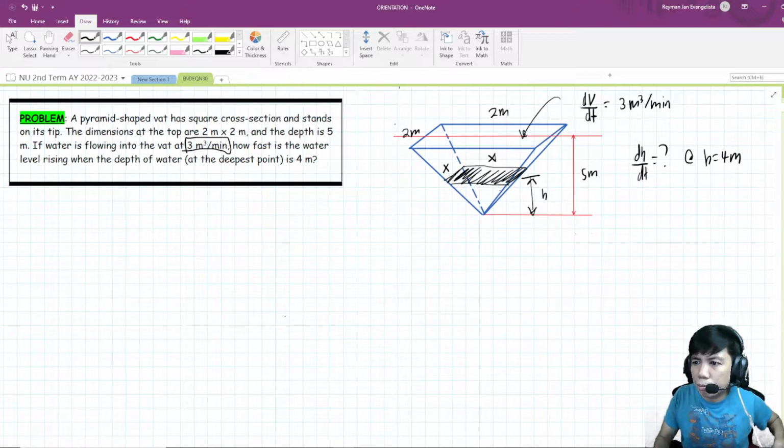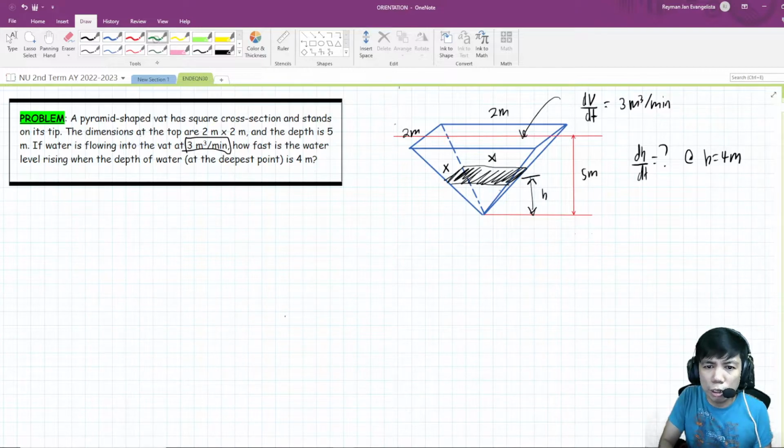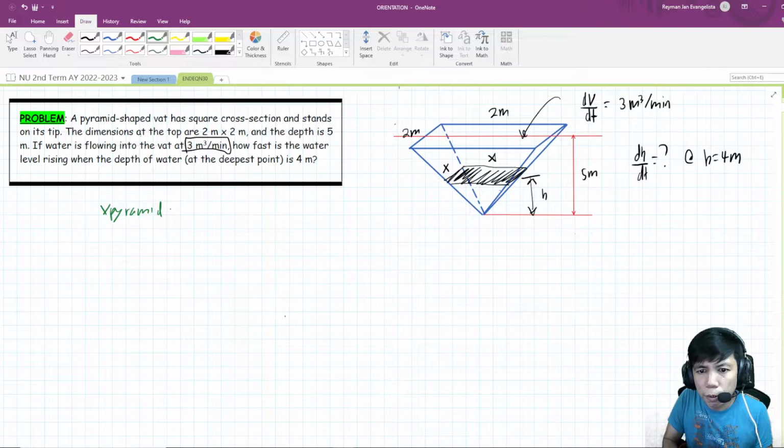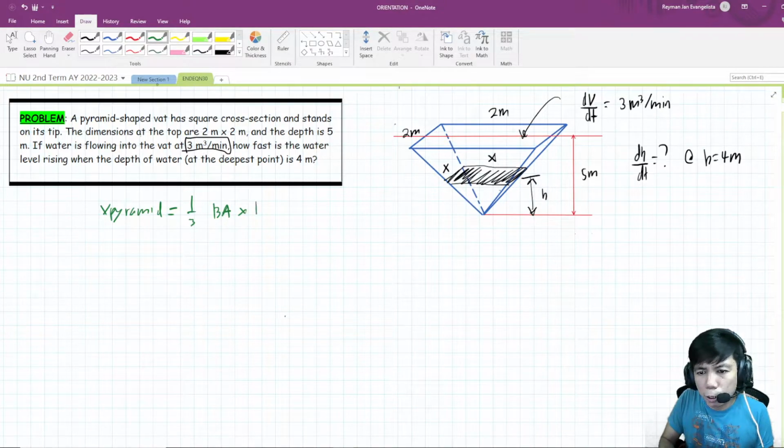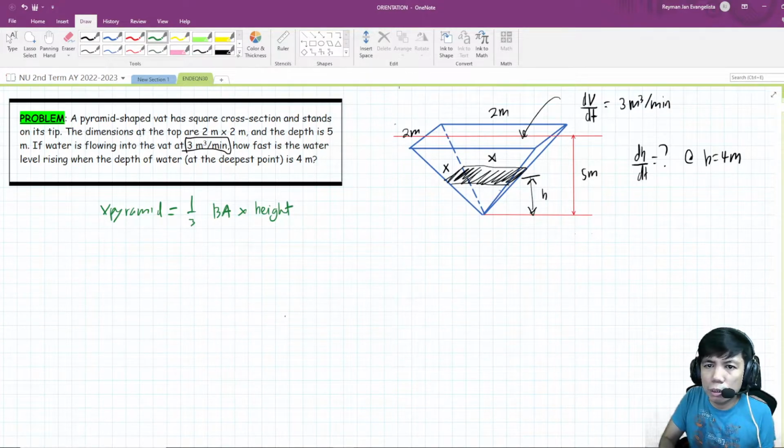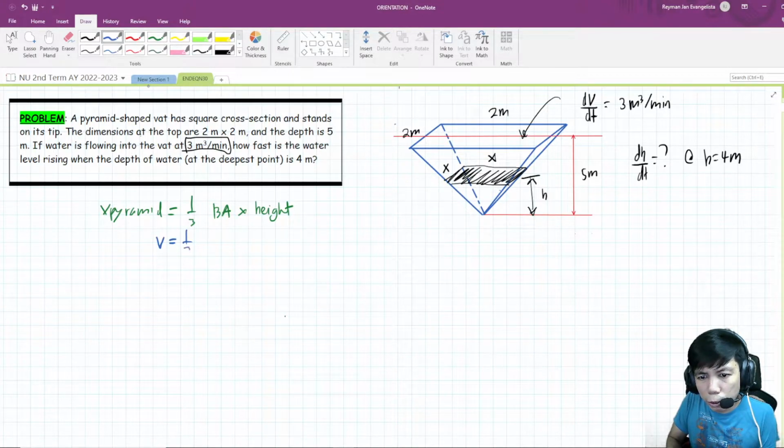Okay, now since meron tayong pyramid dito, we need to use the formula for the volume of a pyramid. Recall that the volume of a pyramid is equal to 1/3 of the base area, kung ano yung kanyang cross section or the shape of the base, multiplied by the height or altitude. Now in our case, the volume is 1/3 times the base area.